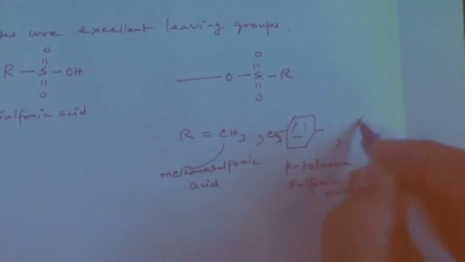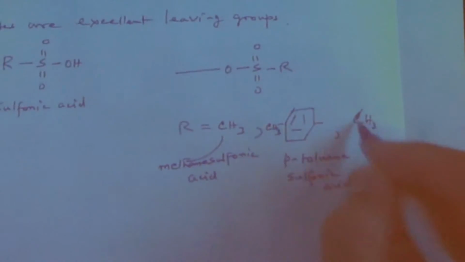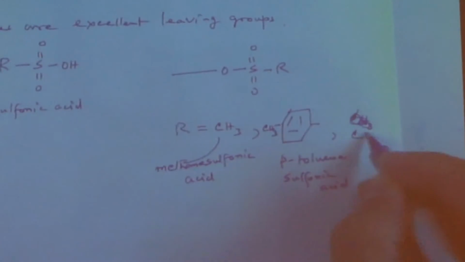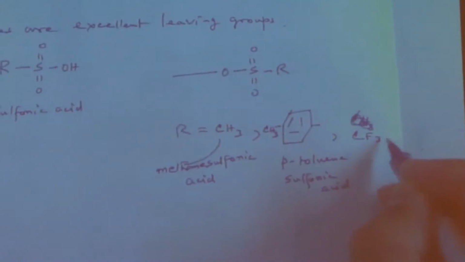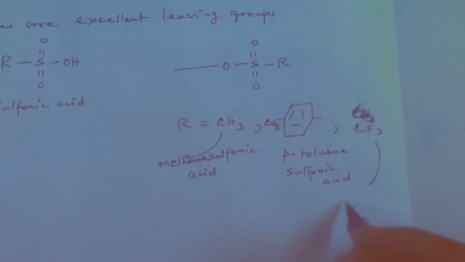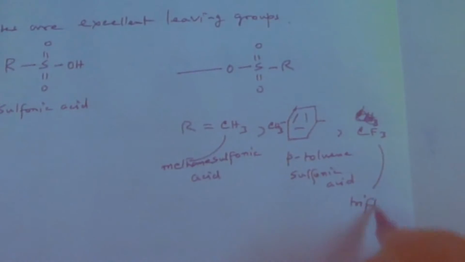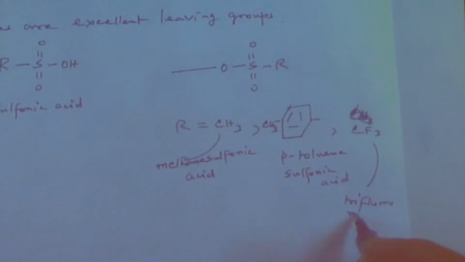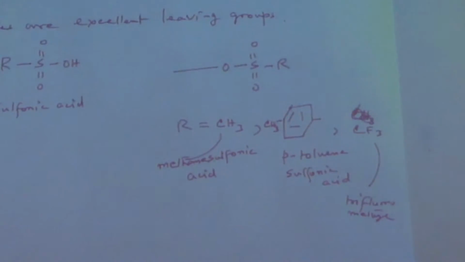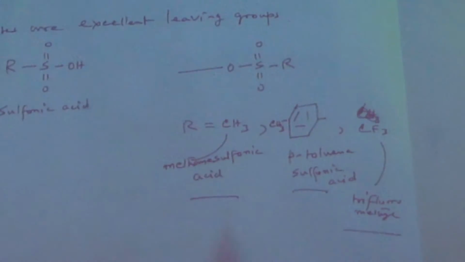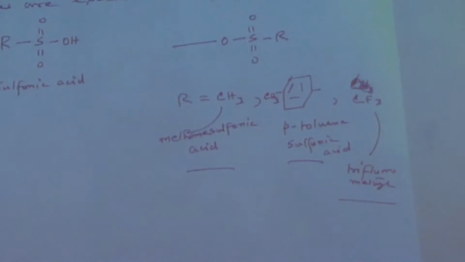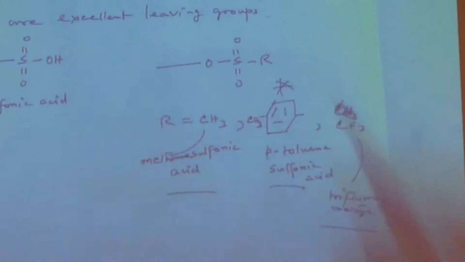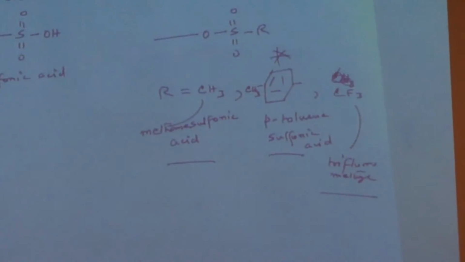And there's also trifluoromethyl sulfonic acid. These three are commonly used, but the more common one is this one, okay, the para-toluene sulfonic acid.